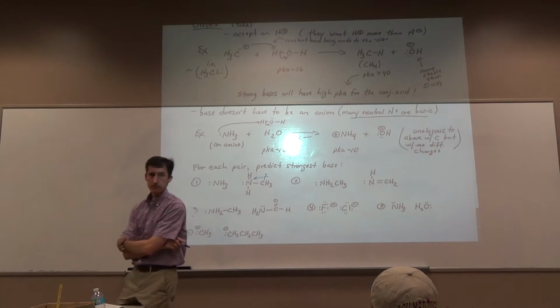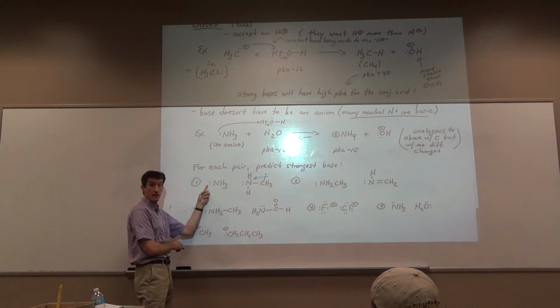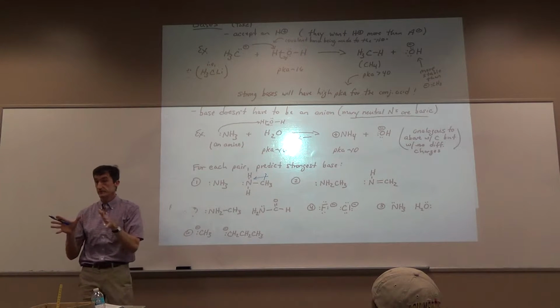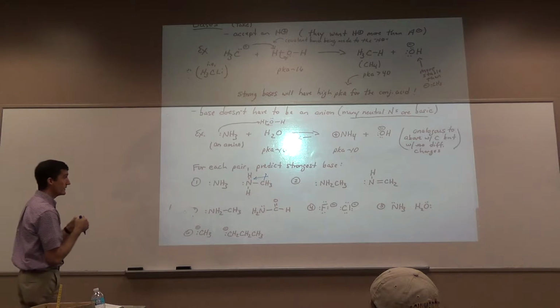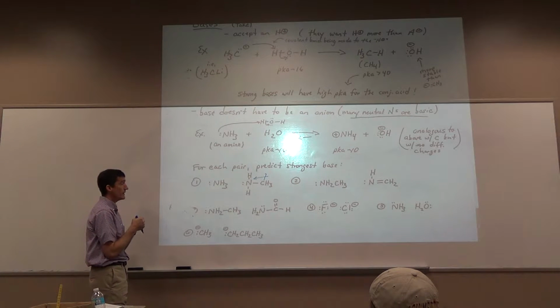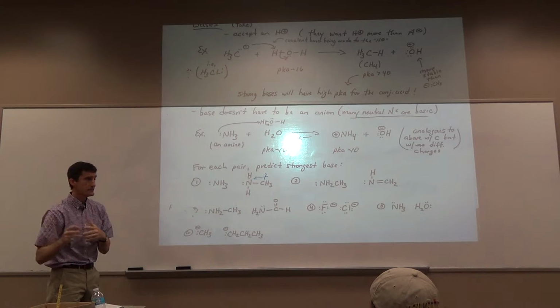Here's how I say it. When something's acting as a base, we're looking at the lone pair. The lone pair goes and finds the H, takes the H. The lone pair is electron density. Now this electron density can be perturbed by donation and withdrawing.